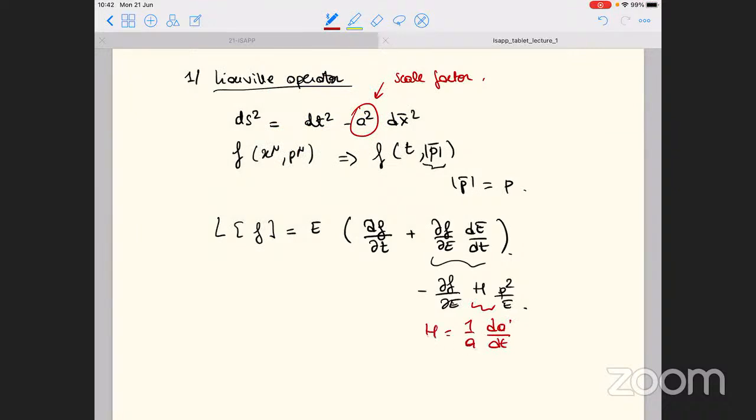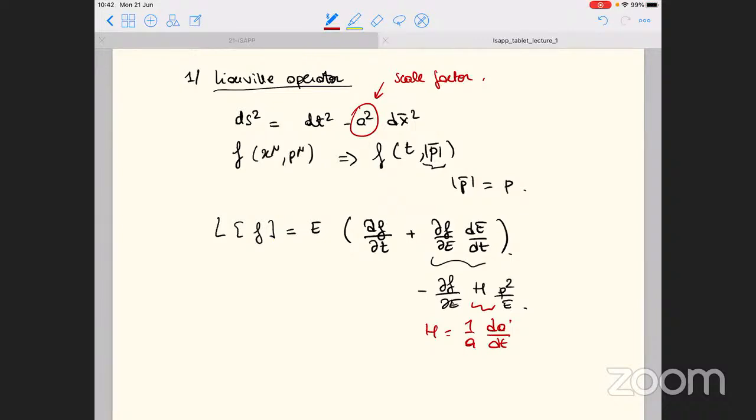And this is exactly the point where you see what I was saying before. Within the setup we are considering here, working at zero order in perturbation, my Liouville operator just contains the expansion rate of the universe.